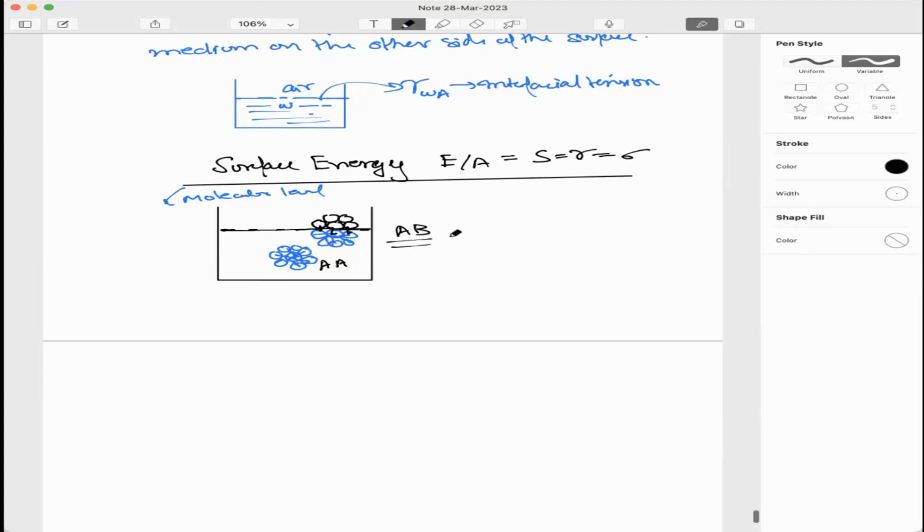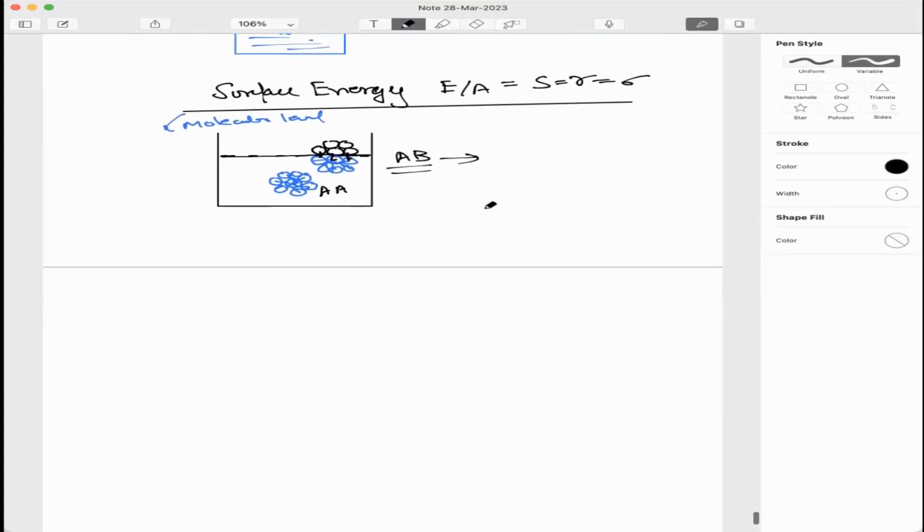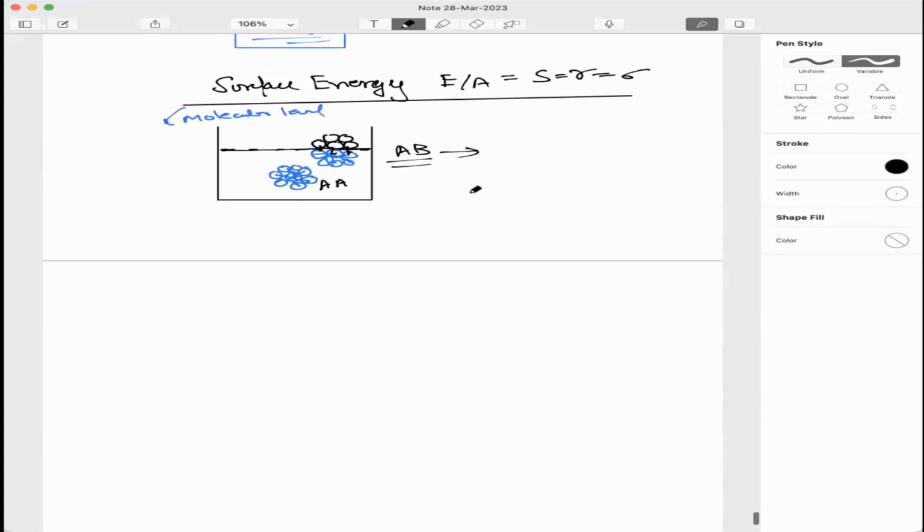This AB interaction creates a new surface area which requires some energy to maintain it, and that energy per unit area is called the surface tension in terms of energy.